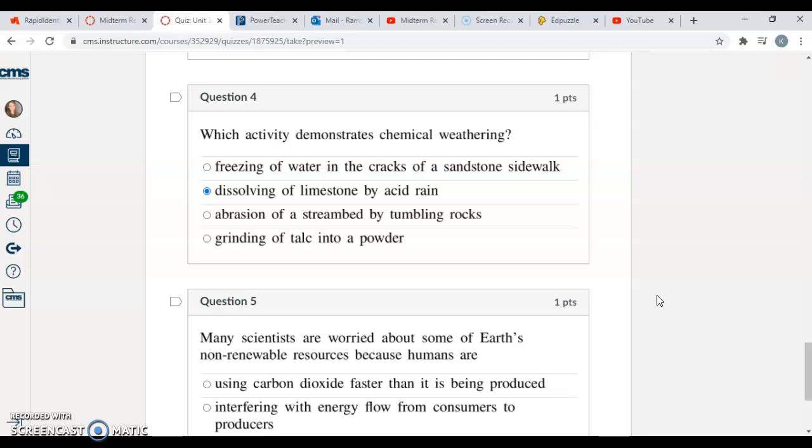As that ice cools and expands, it just cracks the rock. Nothing's changing on a chemical level, it's just being broken apart. Abrasion just means breakdown, so breakdown of rocks from water. And then grinding of talc into a powder. Again, you're not changing the chemical composition of the talc, you're just making it smaller and making it into a fine powder. That's what baby powder is, talc.